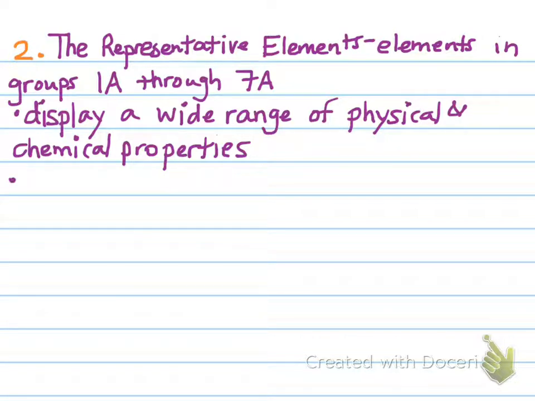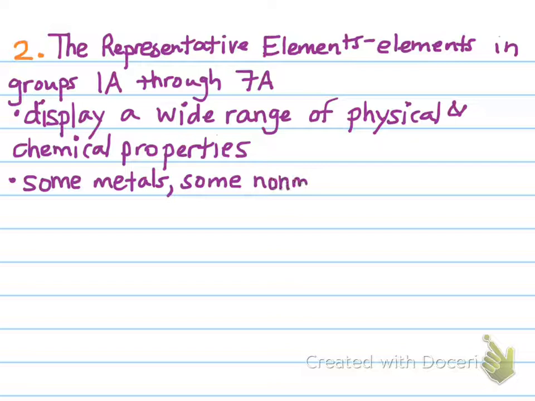So when we're talking about these elements in these tall columns of the periodic table, some of these are metals, some of them are nonmetals, and some of them are metalloids.